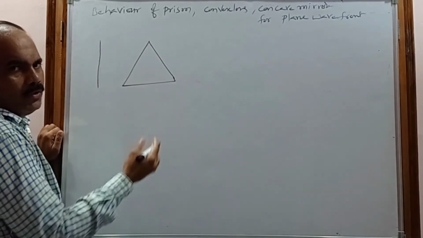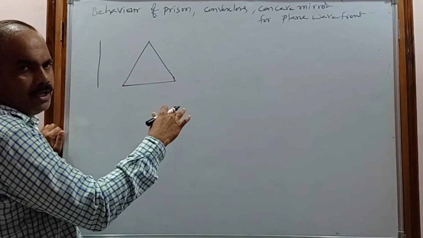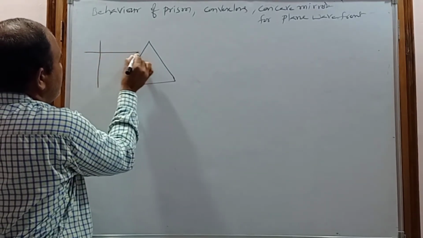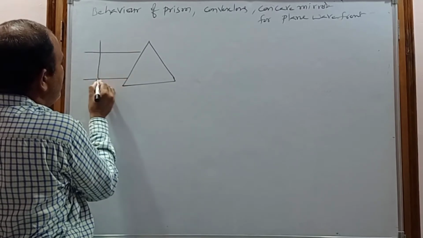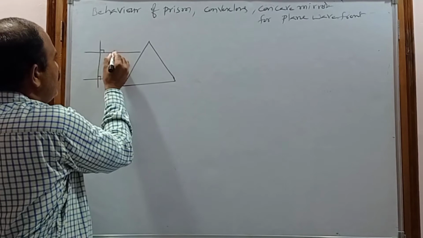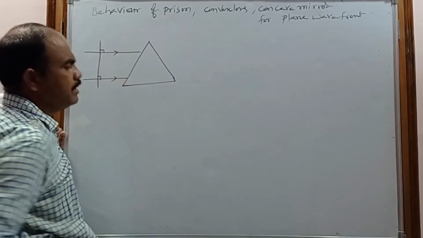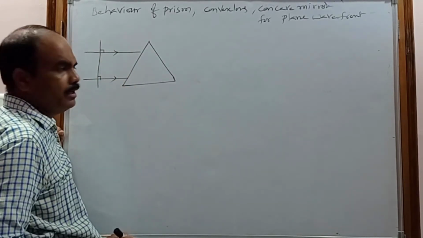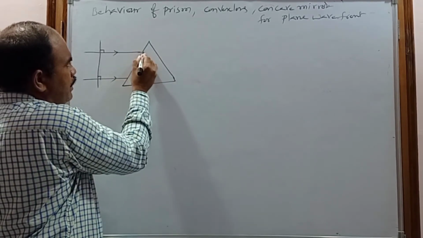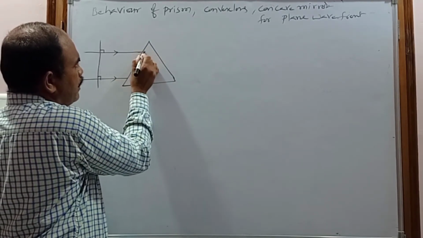According to Huygens principle, the light rays are always perpendicular to the wavefront. So I am drawing two light rays, the first light ray and the second light ray, perpendicular to the plane wavefront. These two are taken as the incident rays. After they are incident on the prism, they come out like this.